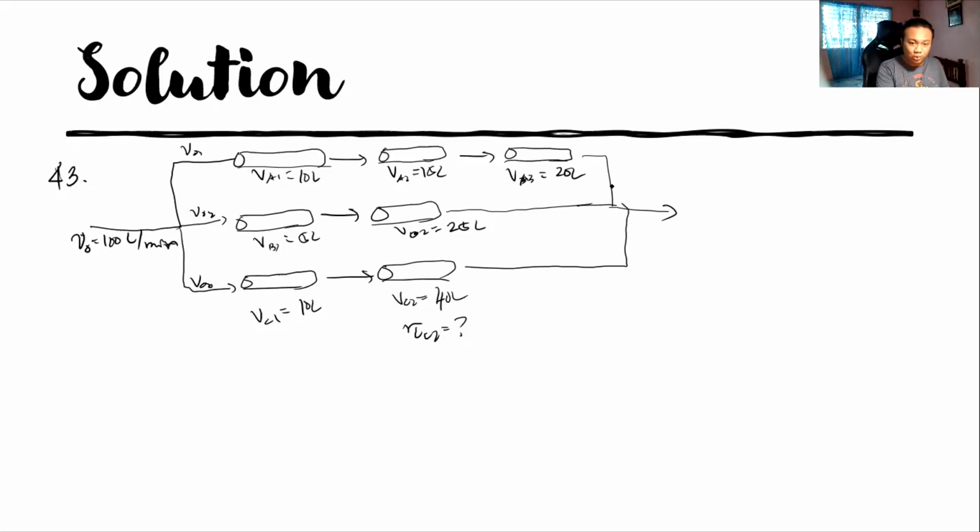So the whole residence time TO is equal to the residence time of the branches also.